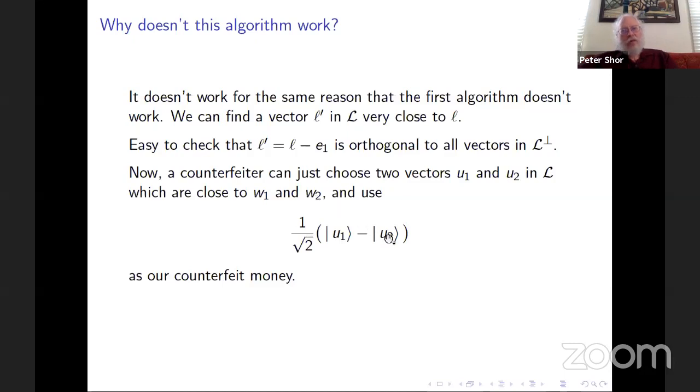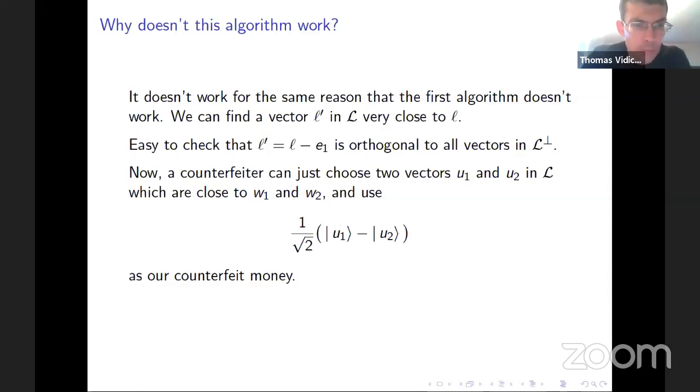So the counterfeiter measures these superpositions W1 plus W2, and then he gets a point which is either close to W1 or close to W2. So that's either U1 or U2. And then he computes the other U from whichever U he got. Yeah. Okay.